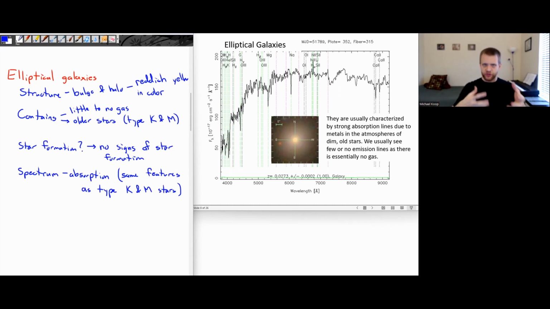Again, this is multiple stars, all their light combined together. But it's generally got that shape of a lower temperature star with those absorption features also associated with lower temperature stars. There are very few emission lines, as there's essentially no gas. You're not going to get those emission lines unless you have one of those excited gases, but we don't see that.